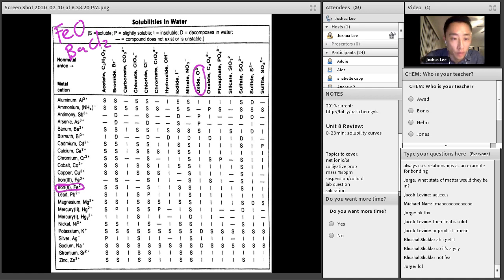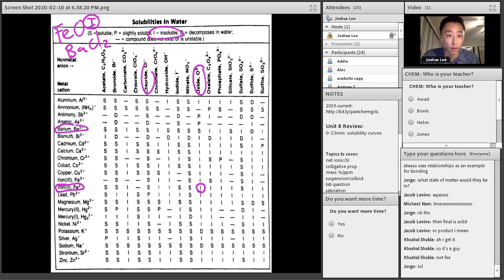If we battleship it, it will be right there, I. And I means insoluble, meaning it's not going to stay in the water. They're going to leave that dance together. You can think of water as the dance. So FeO is insoluble.